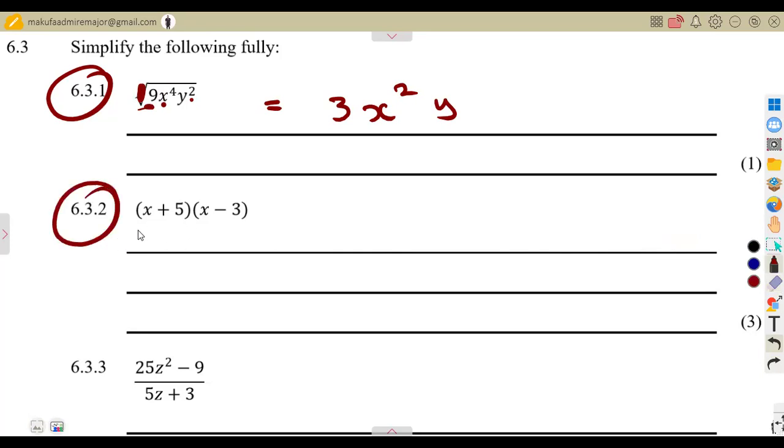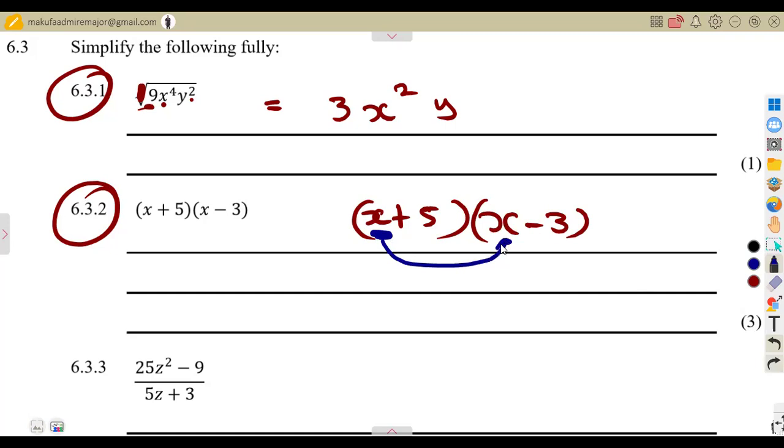6.3.2, these are brackets. Remember the FOIL method, expanding the brackets x plus 5 into the bracket x minus 3. It follows that the x is going to multiply everything in this bracket. Let's multiply x times x, that is x squared.